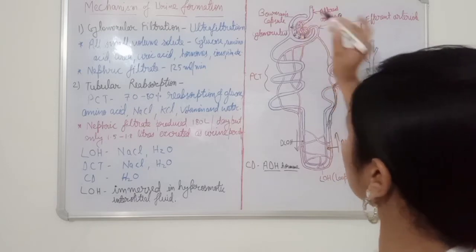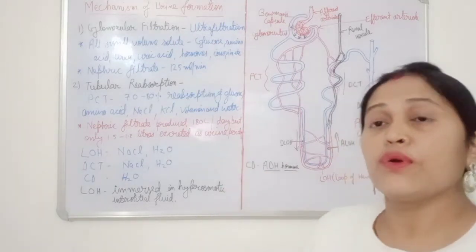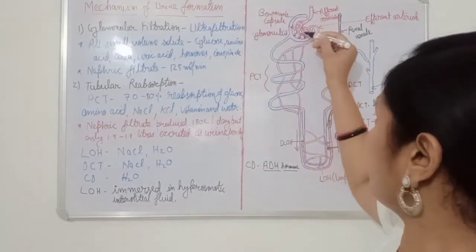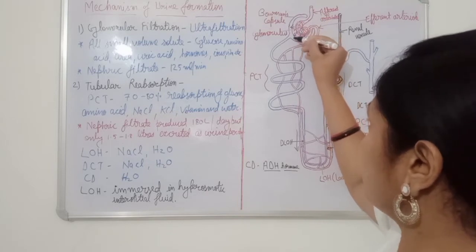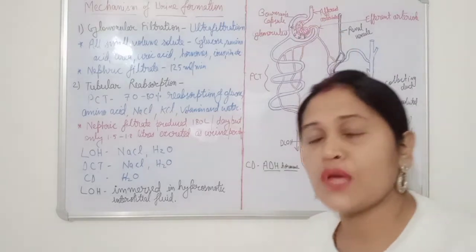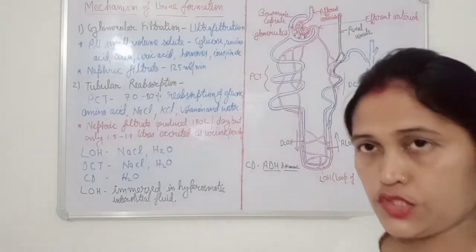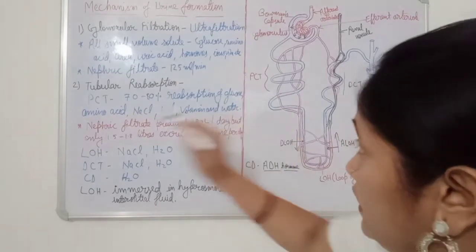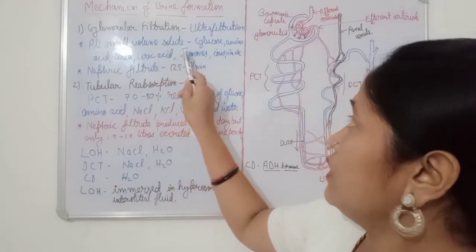Here filtration occurs, and after filtration the glomerular filtrate enters the Bowman's capsule. Bowman's capsule is a cup-shaped, double-walled structure.